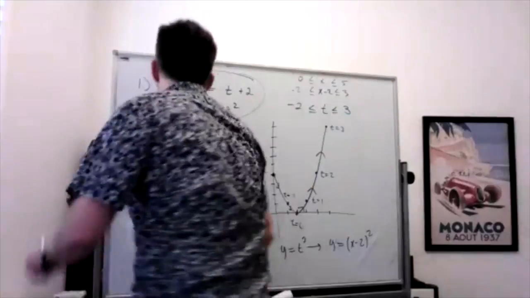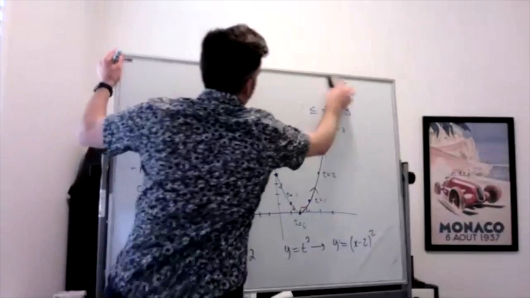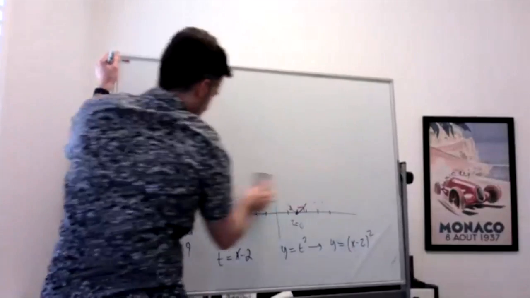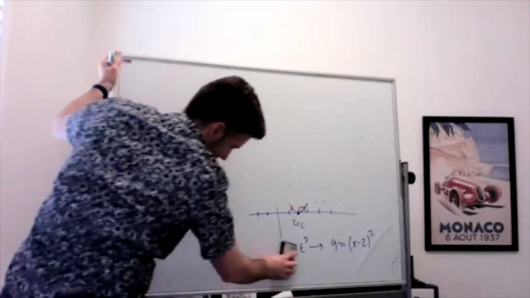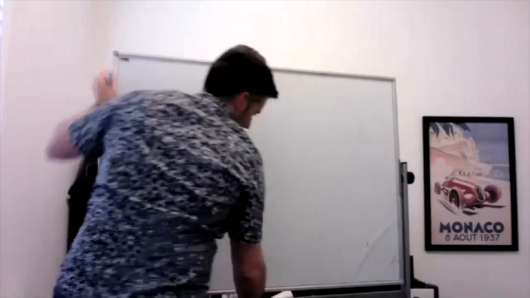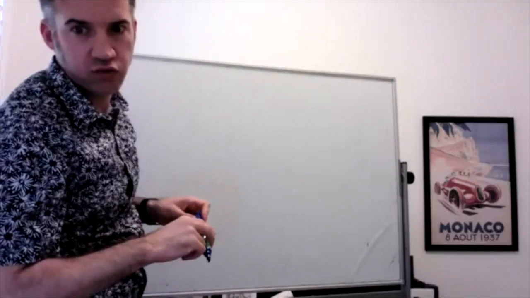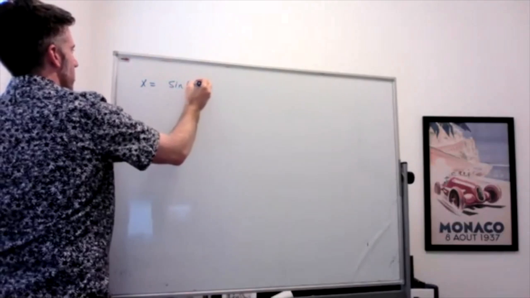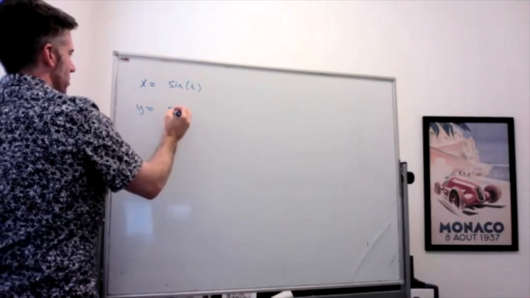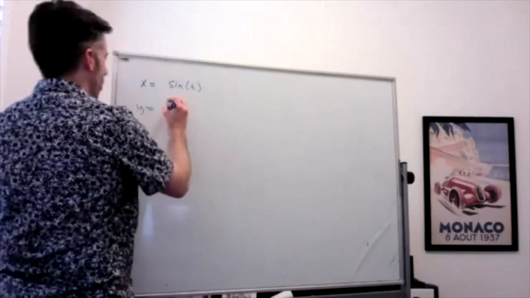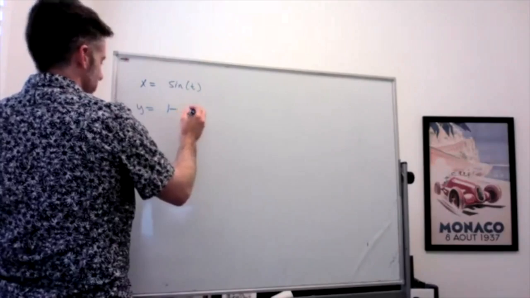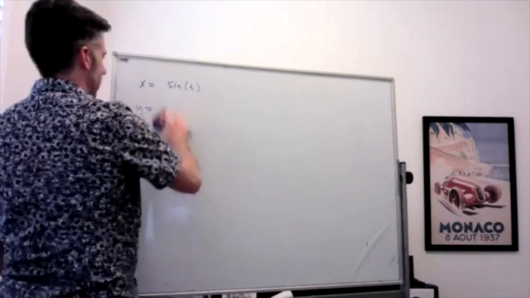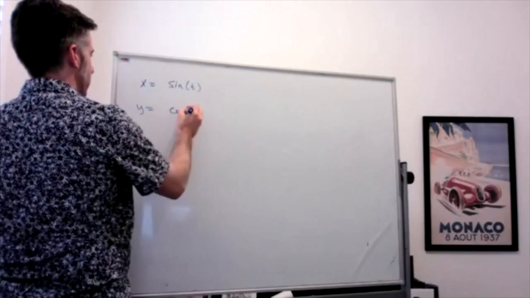Let's look at another similar yet different example. And again, we'll give ourselves 2 restrictions on this one as well, just to see what if we have x equal to sine of t and y equal to, let's make it more interesting, cosine squared of 3t.